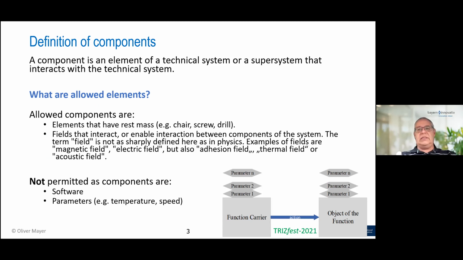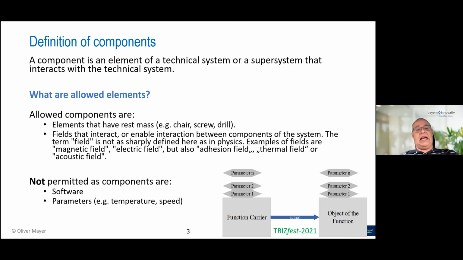Not the physical fields. Okay, there are only 4, maybe some say in the meantime only 3, but we're talking about technical fields where we say magnetic field, adhesion field, thermal field, and so on, whatever shall be there.